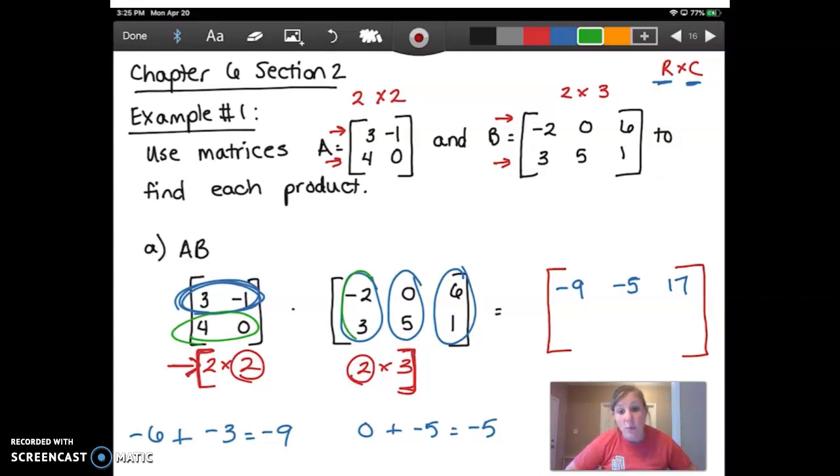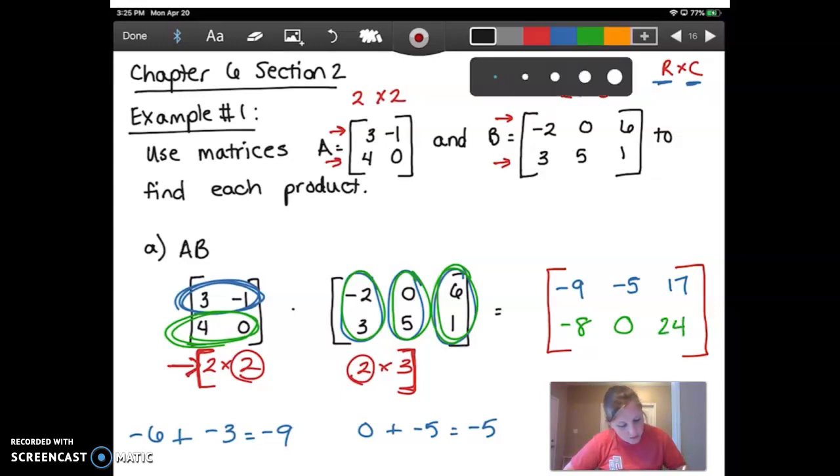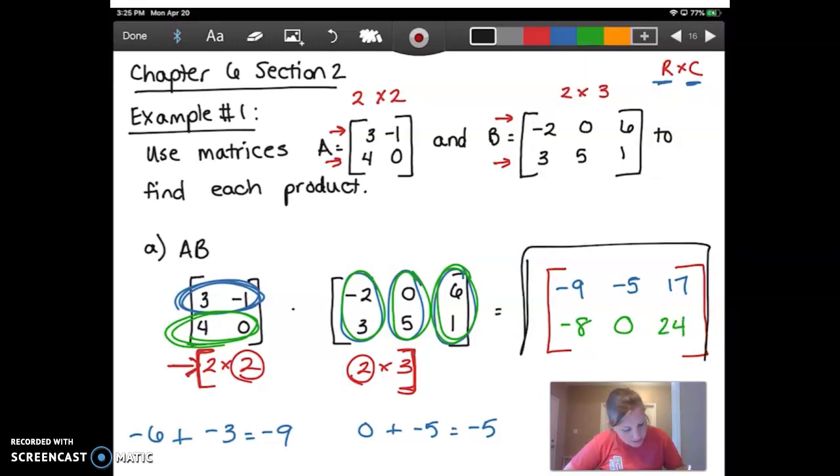So 4 times negative 2 is negative 8, plus 0 gives me a negative 8. Then 0 times 0 and 0 times 5 gives me 0 plus 0. That one's easy. And then this very last row by the very last column, 4 times 6 gives me 24 plus 0 leaves me with 24. And so my final answer here is going to be -9, -5, 17, -8, 0, and 24.